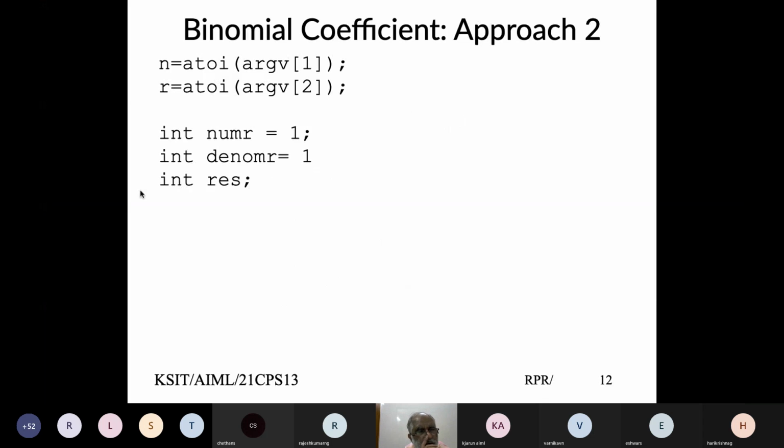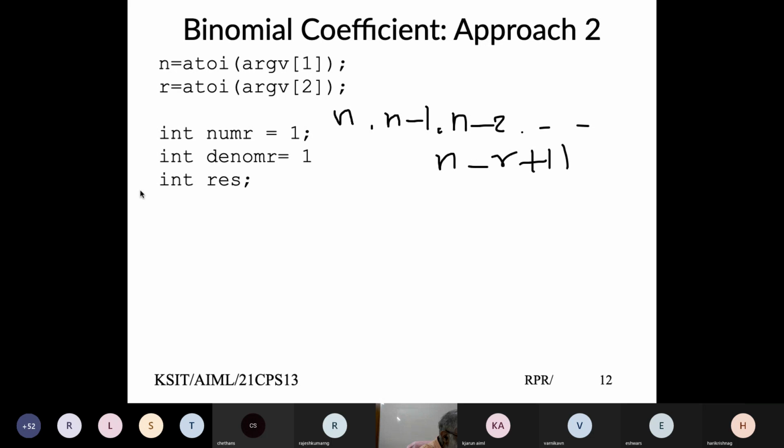So rather than computing 3 factorials, we know that my numerator would be n into n minus 1 into n minus 2 up to n minus r plus 1. And my denominator would be 1 into 2 into 3 into 4 up to r.